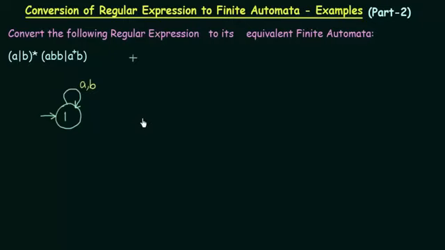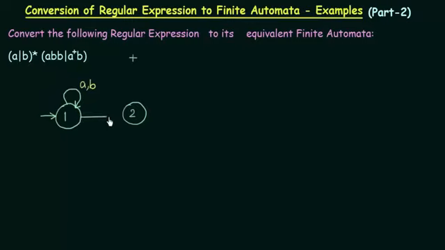For that, let me make another state, which I will call state number 2. We already studied that whenever we have a sequence of the form ABB, with no plus in between and just written together, you have to make separate states for them and keep moving forward.